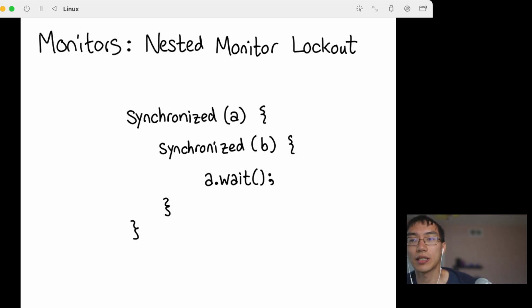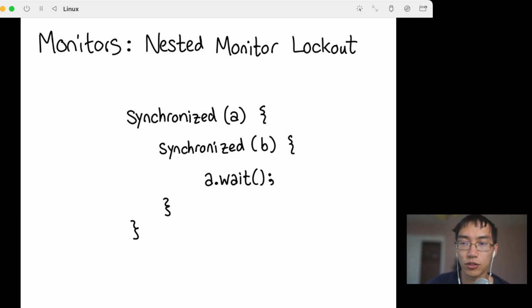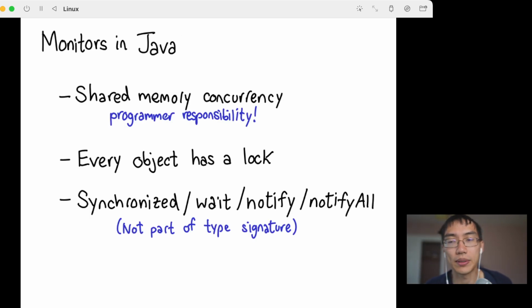So monitors are a very simple implementation. Hang on, there's another question. So the object has a hidden lock that's important for methods labeled synchronized, but you don't have to use wait, notify, notify all, but they can still be useful for certain situations. So yes, there's a lock, and you don't have to say anything. It's implicitly defined.